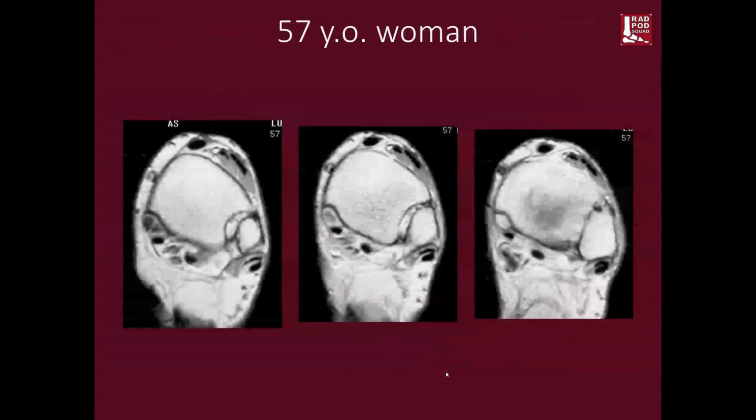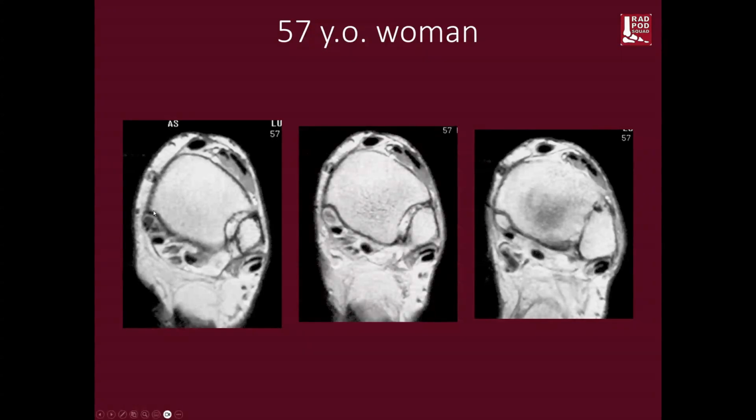Here's a 57-year-old woman, 3 consecutive axial images through the ankle. And what we can appreciate looking at the structures on the medial ankle, we want to be able to see several things. Posterior tibial, flexor digitorum, flexor hallucis, and the nerve artery vein bundle. And we see almost all those structures here.